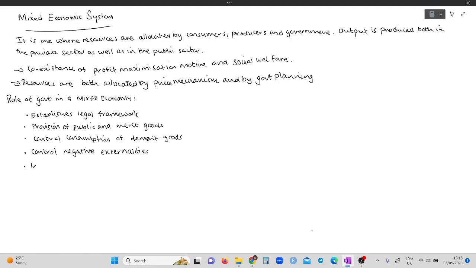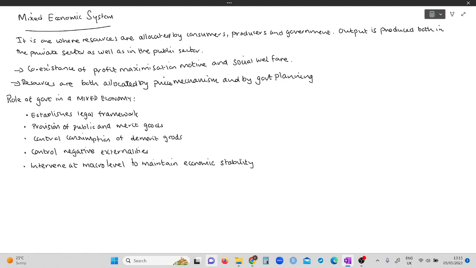Okay. Intervene at macro level, that is, because of inflation and things that can affect the whole country, to maintain economic stability. Okay? So this is the role of the government in a mixed economic system: to provide a legal framework, that is, a legal institution that can ensure everything happens within the law.